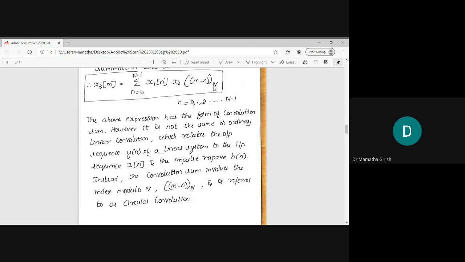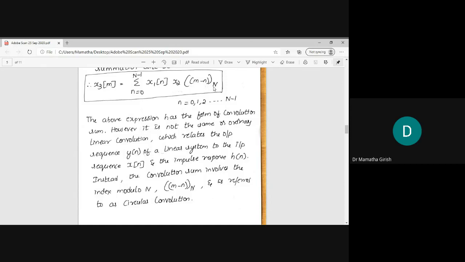This is the second difference. The third difference is, in the case of linear convolution, the length of the convolved sequence is given by the length of sequence 1 plus the length of sequence 2 minus 1. Whereas in circular convolution, the length of the convolved sequence is always chosen as the greater length of the two given sequences.